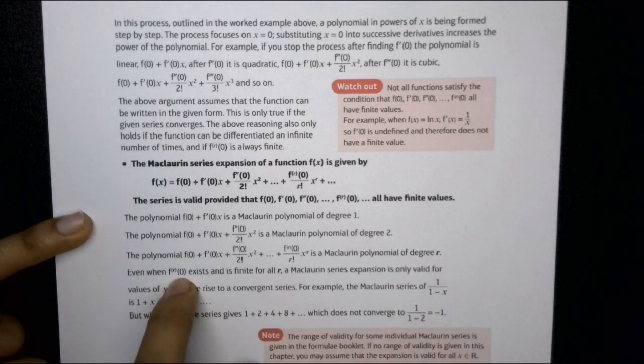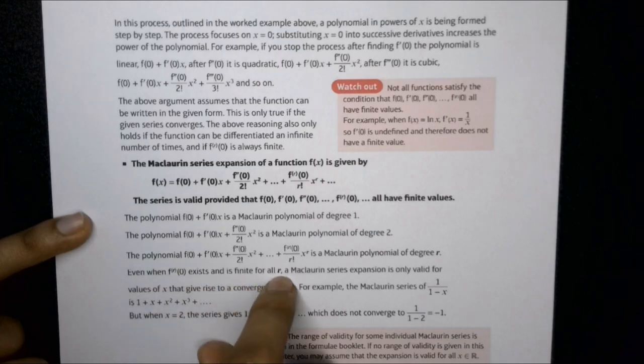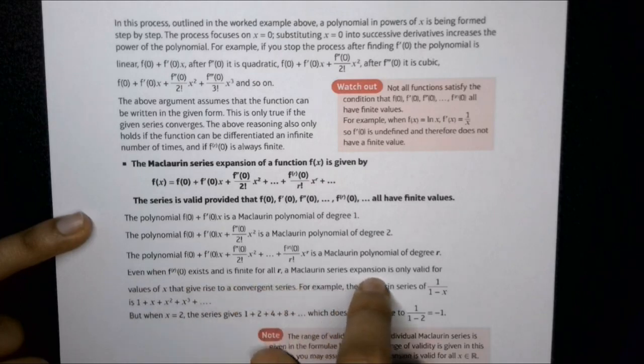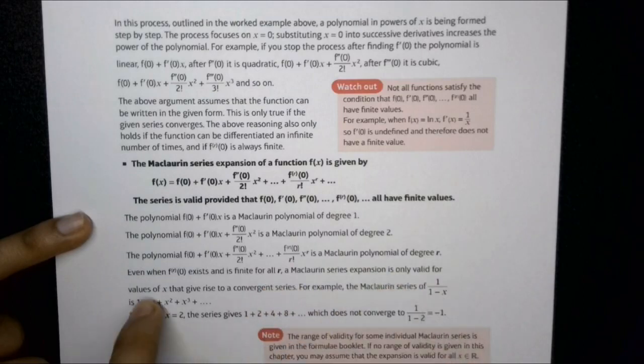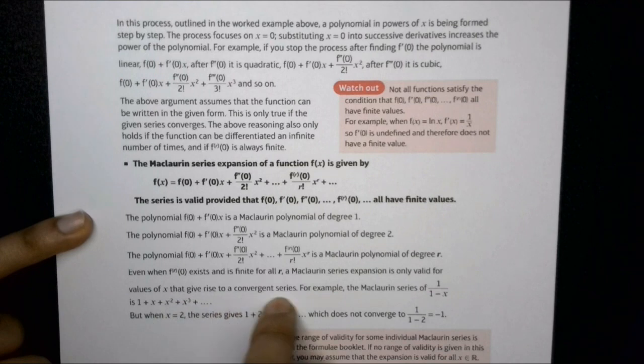And even when the rth derivative of f at 0 exists and is finite for all r, a Maclaurin series expansion is only valid for values of x that give rise to convergent series.